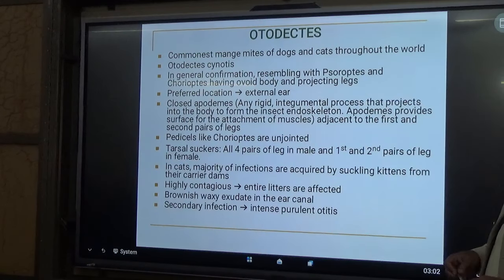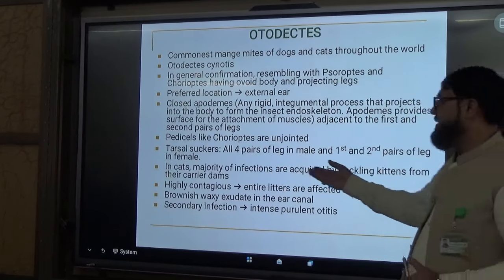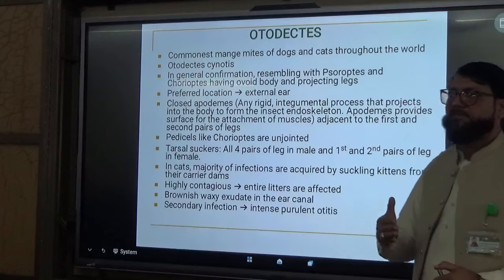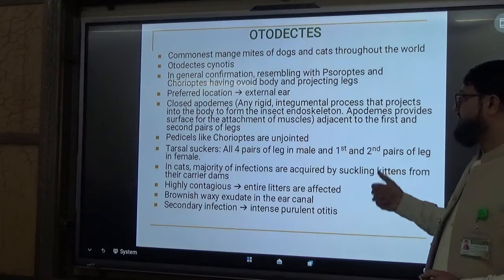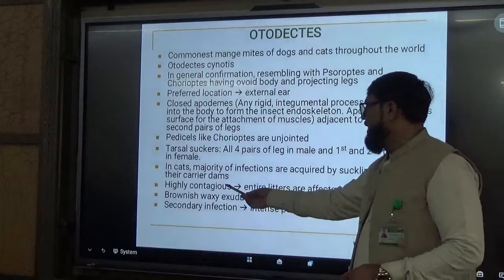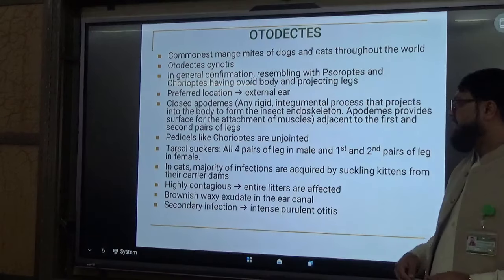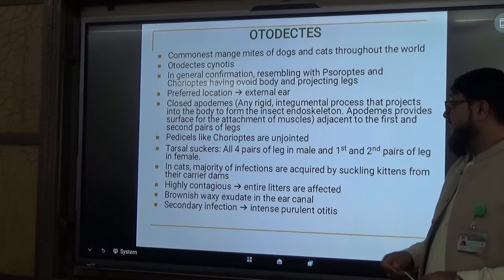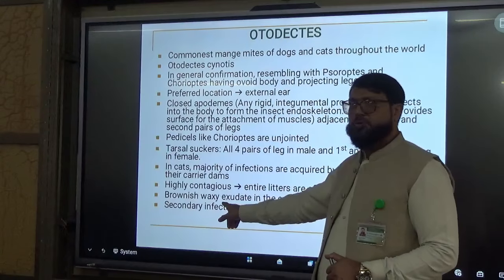And in cats, the majority of infections are acquired by suckling kittens from their carrier dams. So the transmission takes place from mother to offspring through physical contact. It is highly contagious, and once a mother is infected, entire litters get infected. The exudate from the ear canal comes out, which is a brownish, waxy exudate.